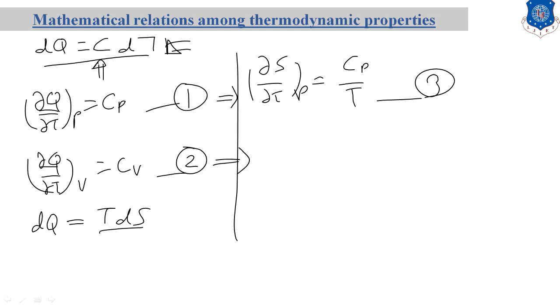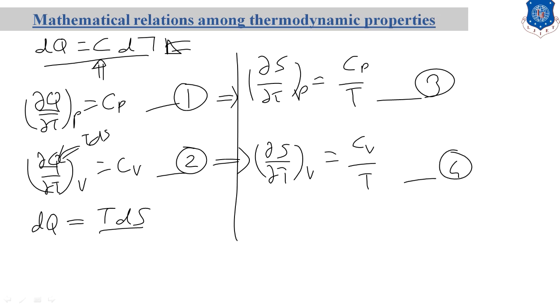Similarly, for equation number 2, replacing dq with T dS, we get (∂S/∂T) at constant volume = Cv/T, which becomes our equation number 4.